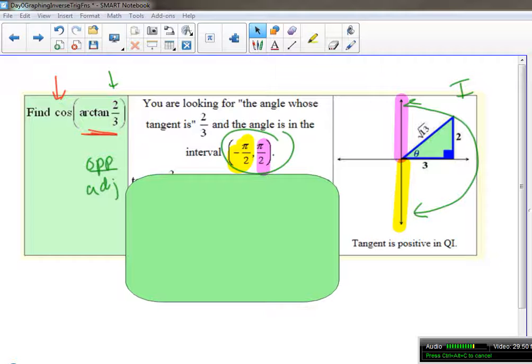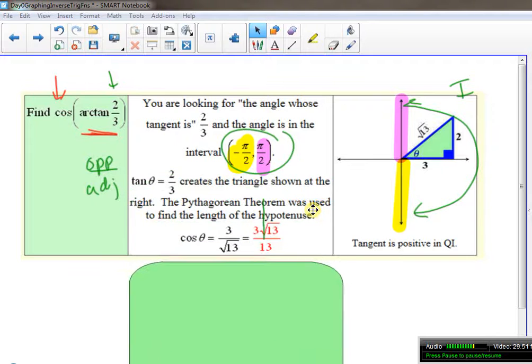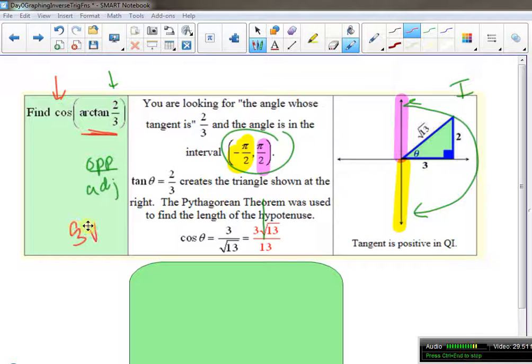All I have to do is look in that triangle. I've got everything labeled. Cosine is adjacent over hypotenuse. So we'll just look at the adjacent side 3 over the hypotenuse of square root of 13. And because that hypotenuse is a radical, we're going to have to rationalize it. So the answer to this entire problem ends up being 3 square root of 13 over 13.